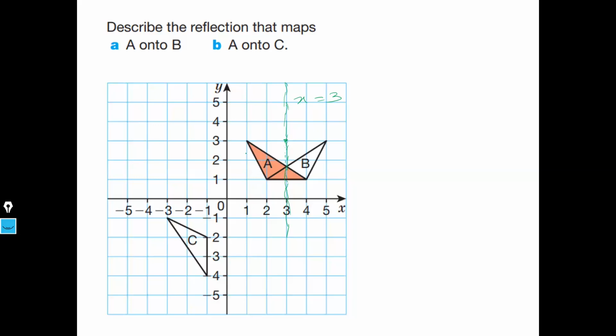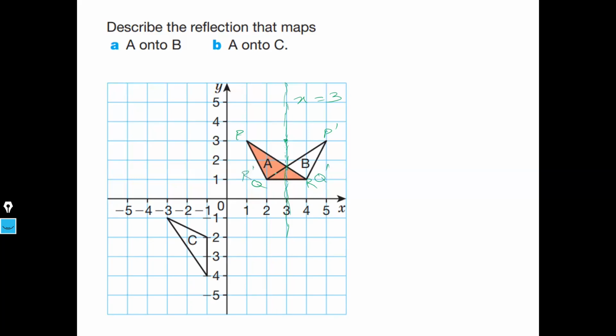So for example, P, Q, and R are the vertices of triangle A, then we shall know what the images are. So P dash is equidistant from P from the line of reflection, that is x is equal to 3. And here you see Q becomes at R's place, that becomes Q dash, and R will be at Q's place, this is R dash.